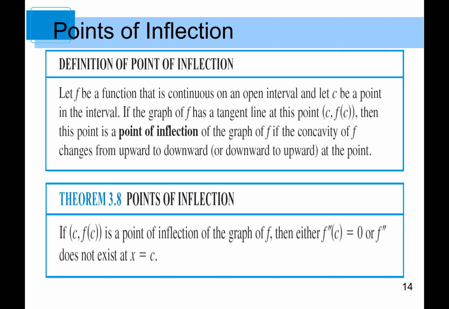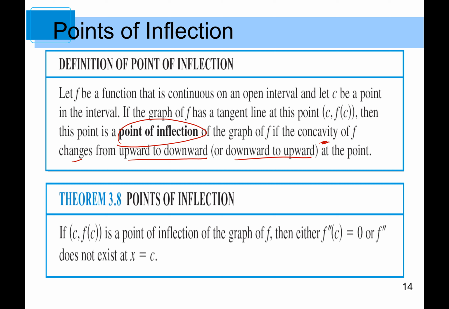Let's take a look at the definition of a point of inflection. Let f be a function that is continuous on an open interval, and let c be a point in the interval. If the graph of f has a tangent line at this point, c comma f of c, then this point is a point of inflection of the graph of f if the concavity of f changes from upward to downward or downward to upward at the point.